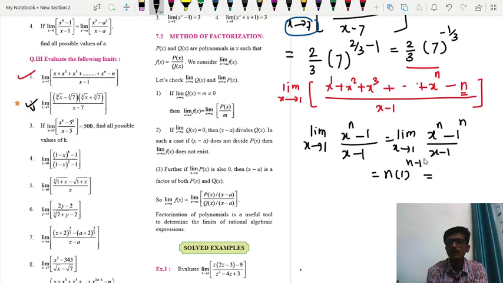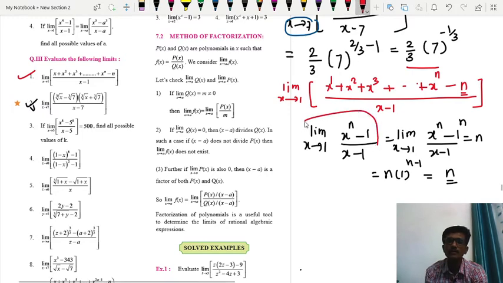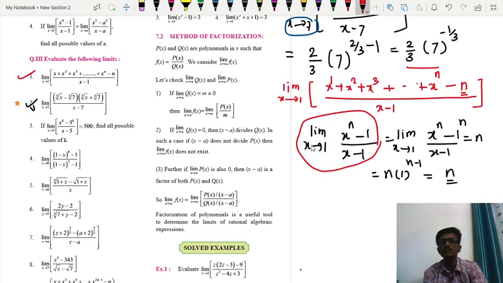Whatever, 1 raised to power n minus 1 is 1, so it will be n. So remember, this limit is equal to n. So limit x tends to 1, x raised to power n minus 1 upon x minus 1 is equal to n.